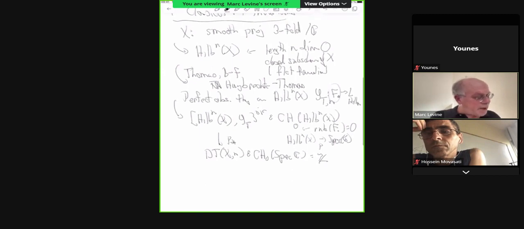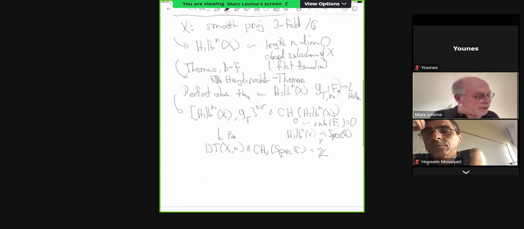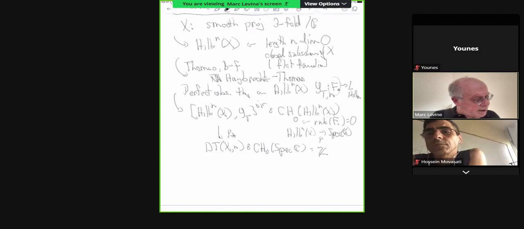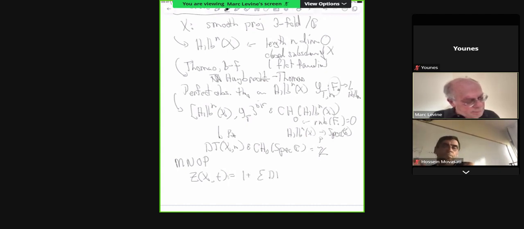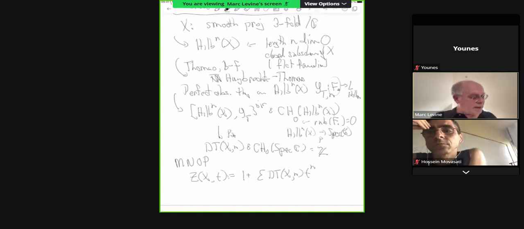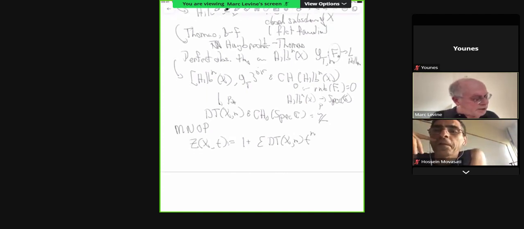So I'll say a little bit about how you get these constructions, but let me just say, then Maulik, Nekrasov, Okounkov, and Pandharipande consider the generating function for these things. And they also made a computation.